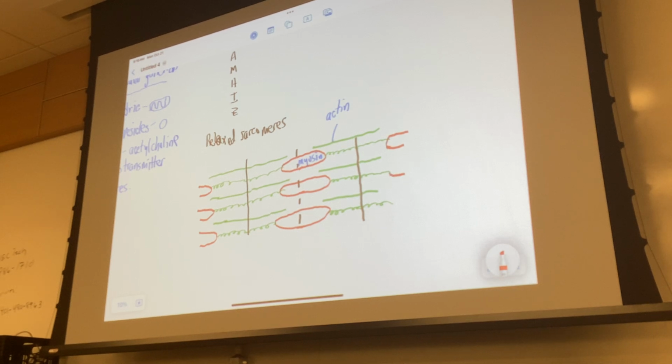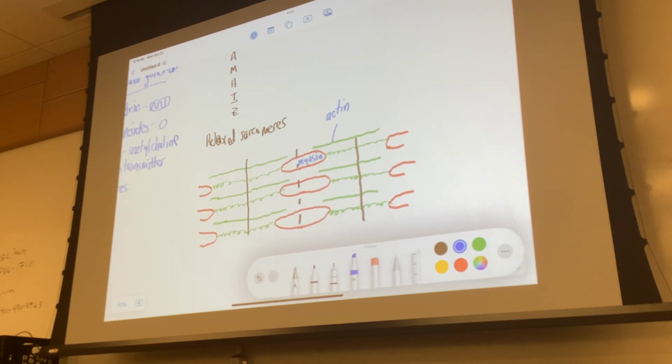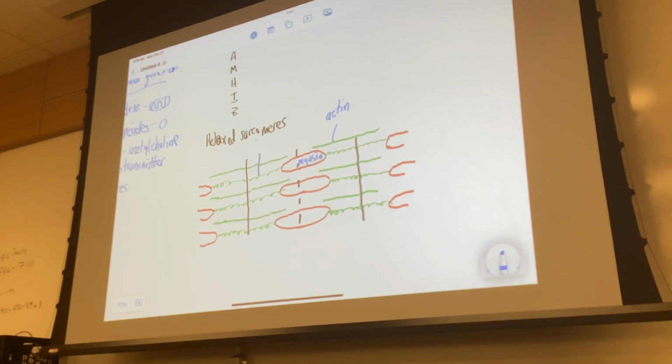So I just wanted to be explicit and tell you that there are parts of 3 sarcomeres again. This squiggly line right here is called titin. So right there, we have 3 of the 5 proteins that I mentioned: actin, myosin, and titin, and then we'll talk about troponin and tropomyosin.